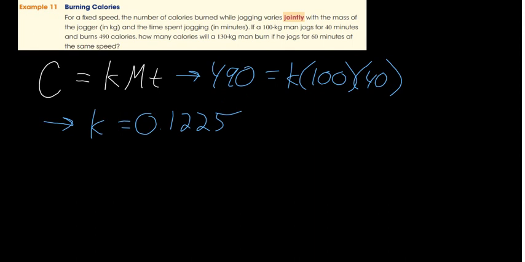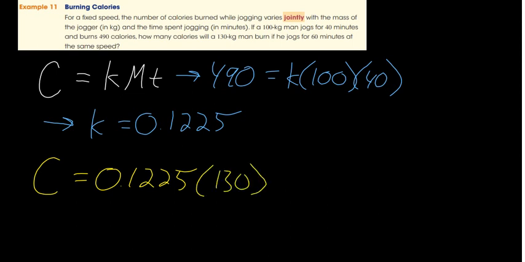So the next line is the one that we really need to figure out. How many calories will a 130 kilogram man burn if he jogs for 60 minutes? So my equation, calories, is equal to K, which is 0.1225, times his mass, 130 kilograms, and he jogs for 60 minutes.